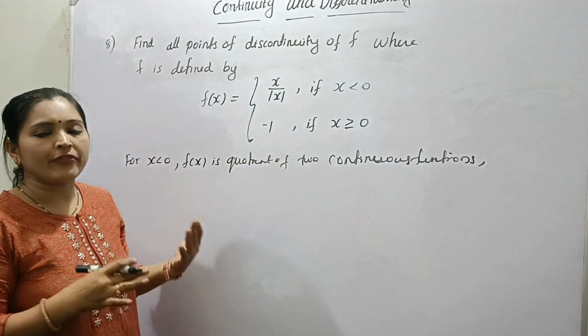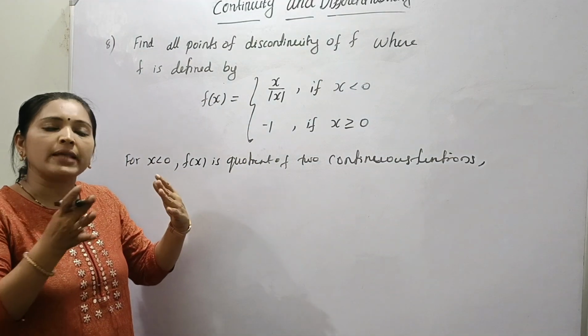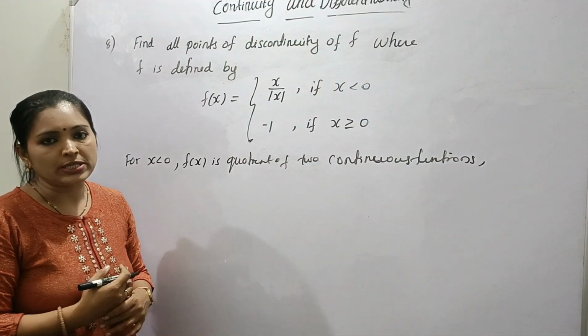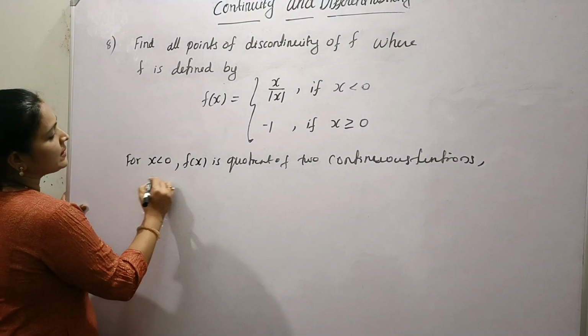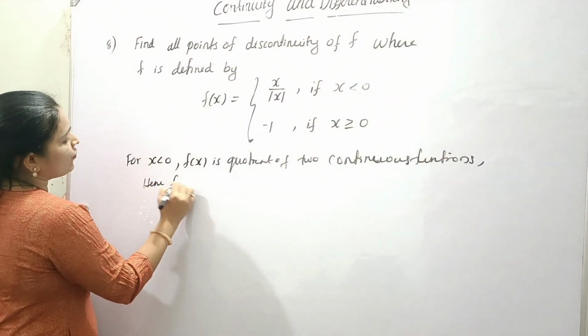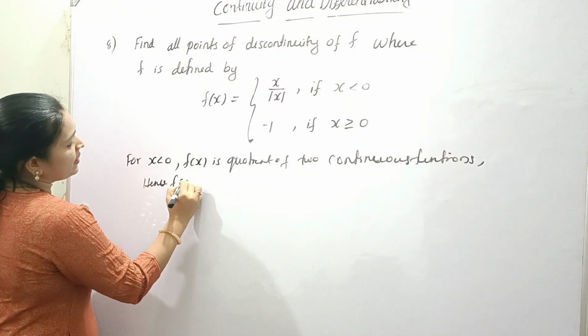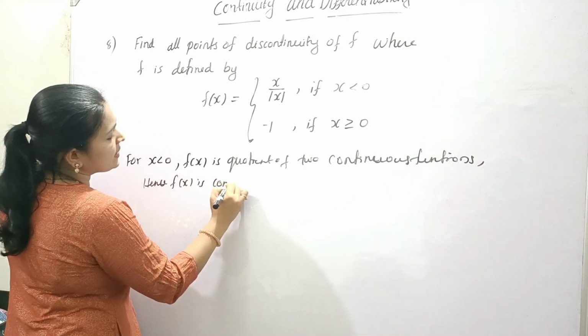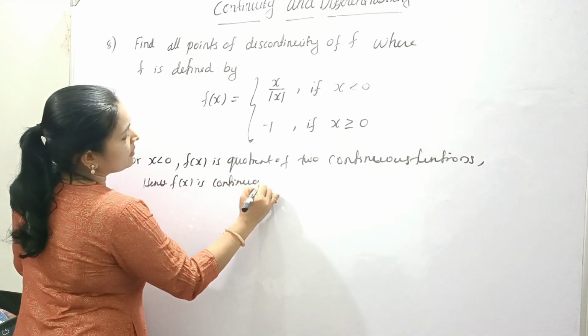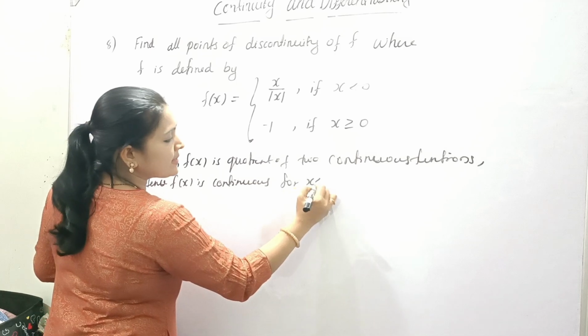We know that if f and g are continuous functions, then f divided by g is also continuous, right? Hence f of x is continuous for x less than 0.